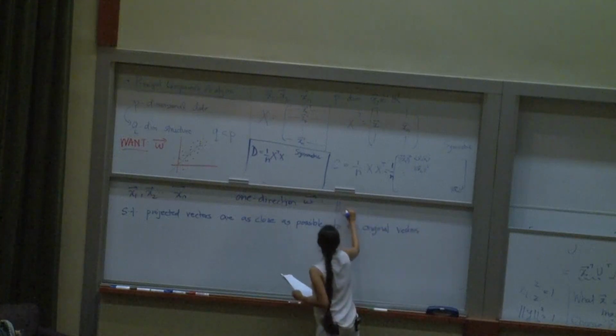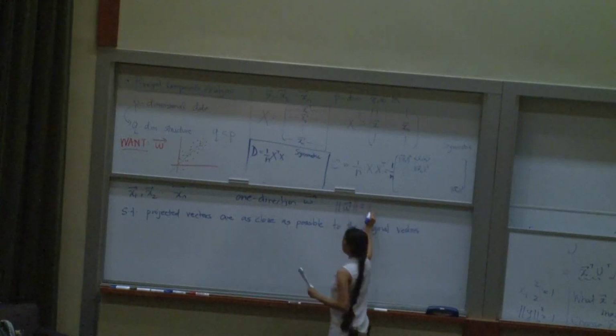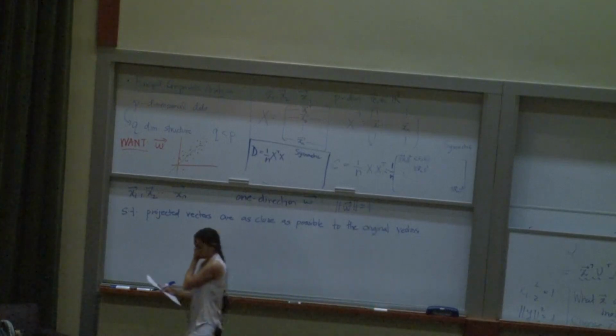Right? And I want to have a unit vector, since it's just easiest to deal with things that are normalized.